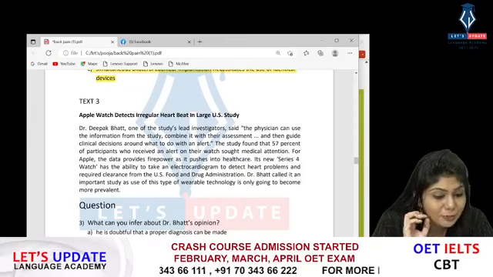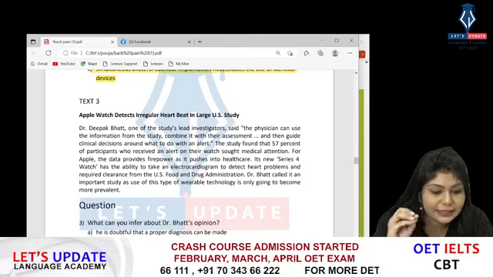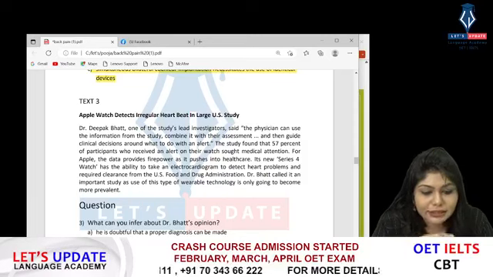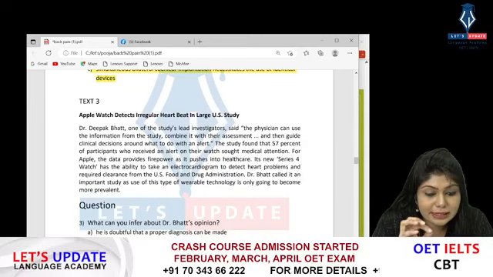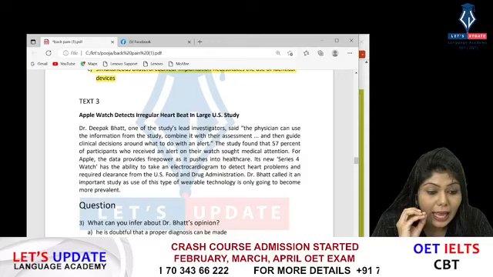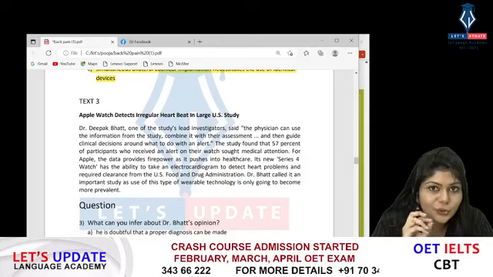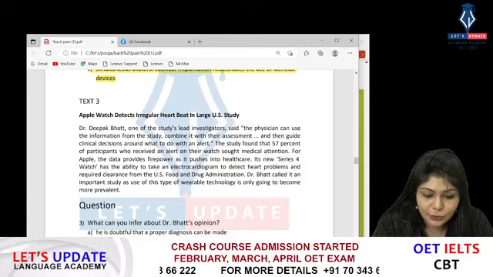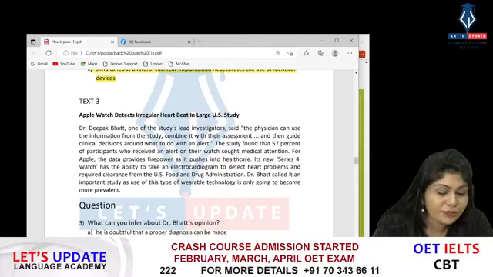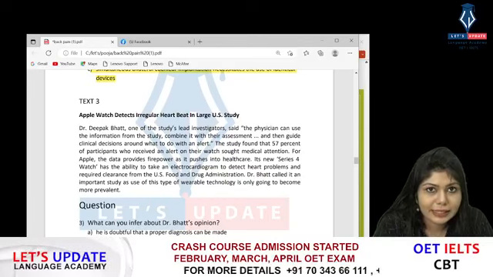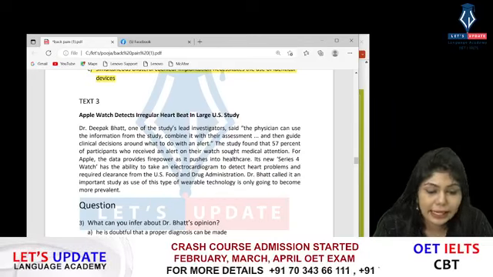They have specifically mentioned that he is advocating or supporting the use of this type of wearable technology, which is Apple Watch. Not the medical uses of any wearable technology. He's specifically aligned to Apple Watch.